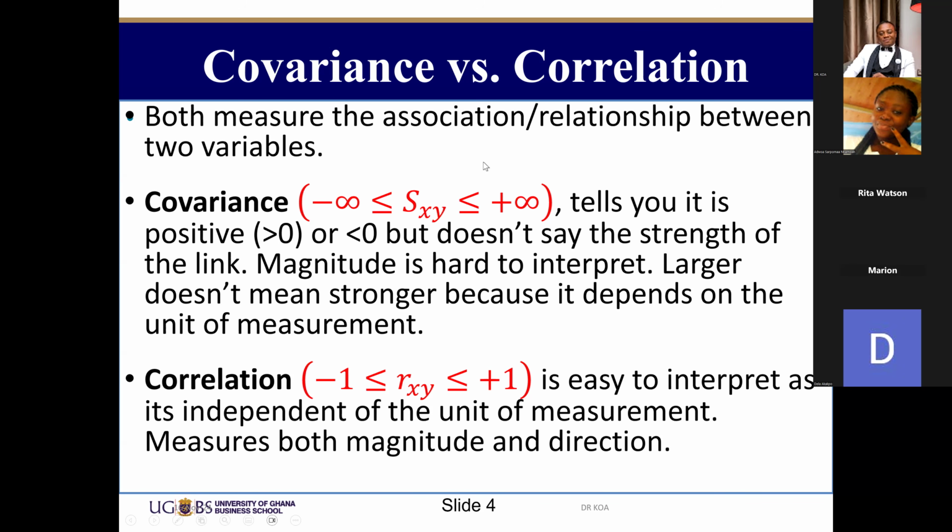That brings us to the correlation coefficient. It is sometimes called the Pearson product moment correlation coefficient. It is represented by rho, the letter R with a subscript XY, where X is one of the variables and Y is the other. It toggles between -1 and +1.